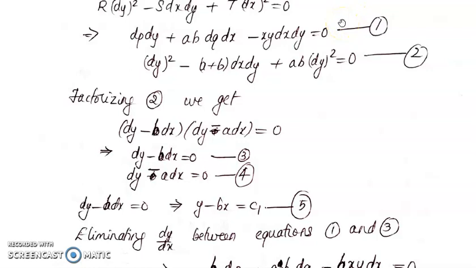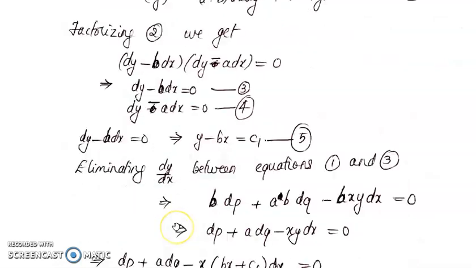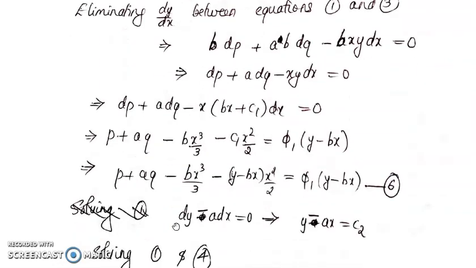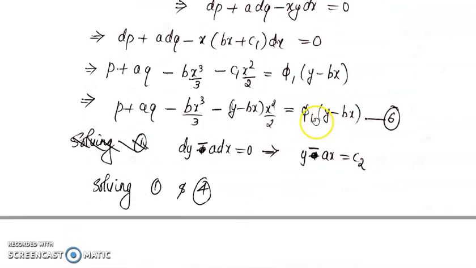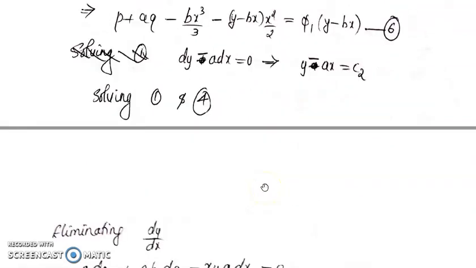Using 1 and 4, eliminate dy by dx. From 4 you will get y minus ax equal to c2, so the value of dy by dx will be a.